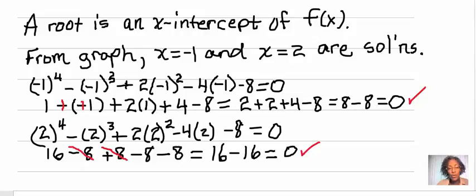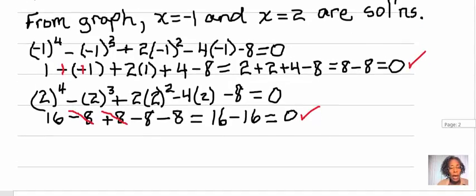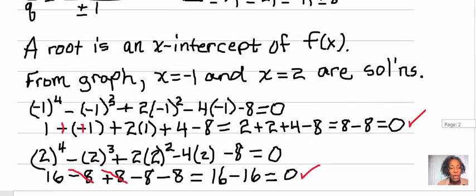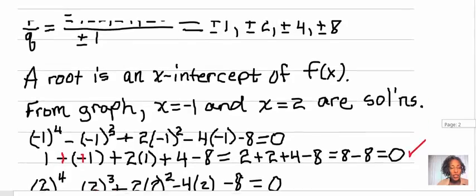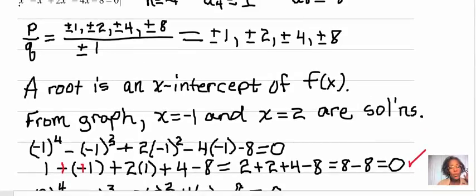The rational roots theorem told us that, and the graph told us that. And now we've used algebra to confirm that. I want to show you how we're going to use synthetic division here. First of all, we want to write all the coefficients of our function.